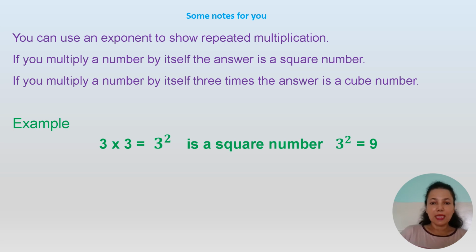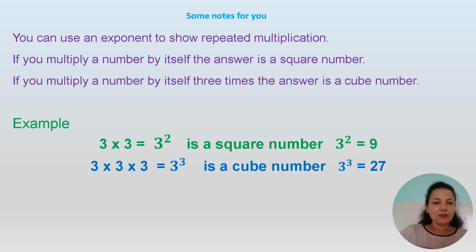Now, let's look at a cubed number. If I had 3 times 3 times 3, we say 3 to the power 3, or we could say 3 cubed. And 3 cubed is equal to 27, which is 3 times 3 times 3.